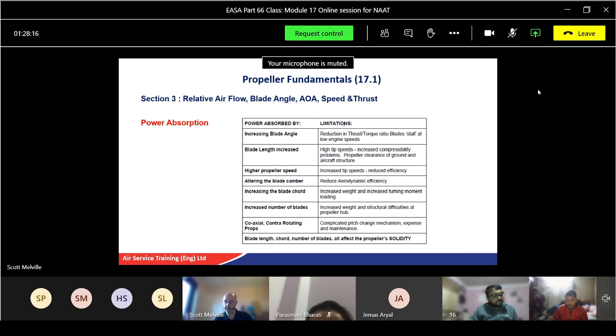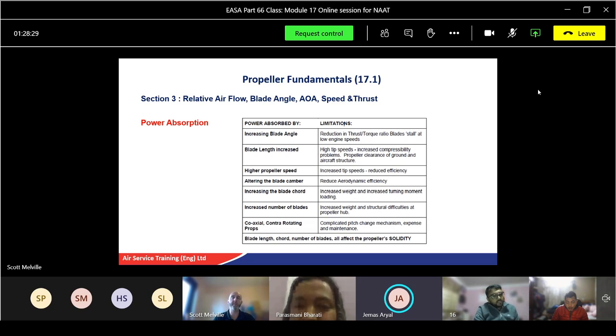I guess on the blade tip. Not on the blade tip. It's measured from the hub. Roughly the same sort of position as the most effective point, which is roughly two-thirds to three-quarters along the blade. Good.